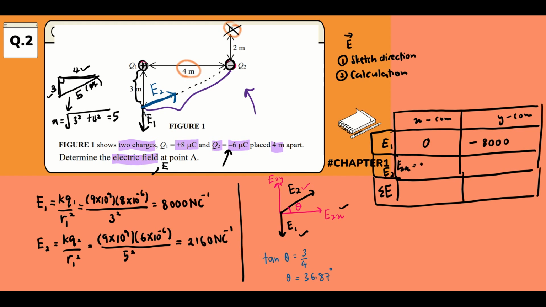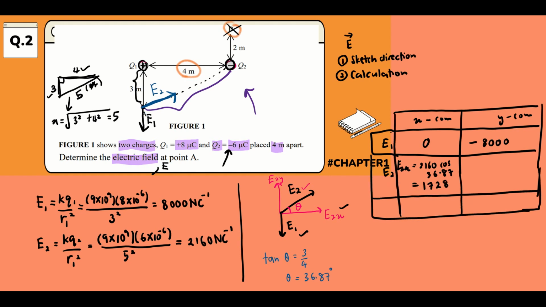So it's 2160 cos 36.87, which gives 1728. E2y is going to be 2160 sine, your angle is 36.87.